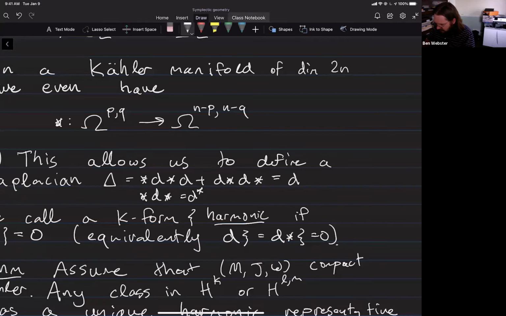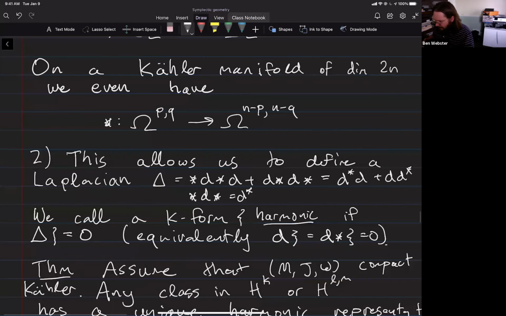So this is d star d plus d d star. And the key thing about Hodge theory is having this Laplacian, looking at its properties, and looking at things which are harmonic. We call a k form harmonic if it's killed by this Laplacian, if the Laplacian is 0.